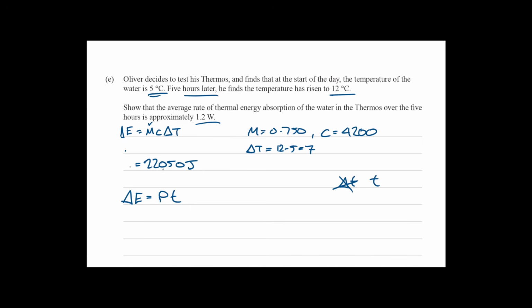We know this. This is going to be this. The time, we kind of know this. We have to always ask ourselves, is it in SI units? And the SI unit for time is not hours, it's seconds. So we have to work out how many seconds there are in 5 hours.